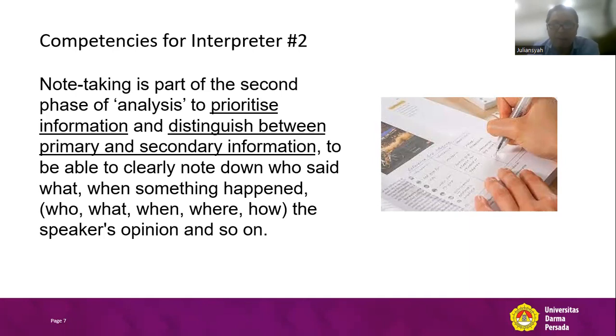So some kind of WH information: who, what, when, where, and how. So those are considered as important information. So you need to focus on those, and then you write down or you take notes.